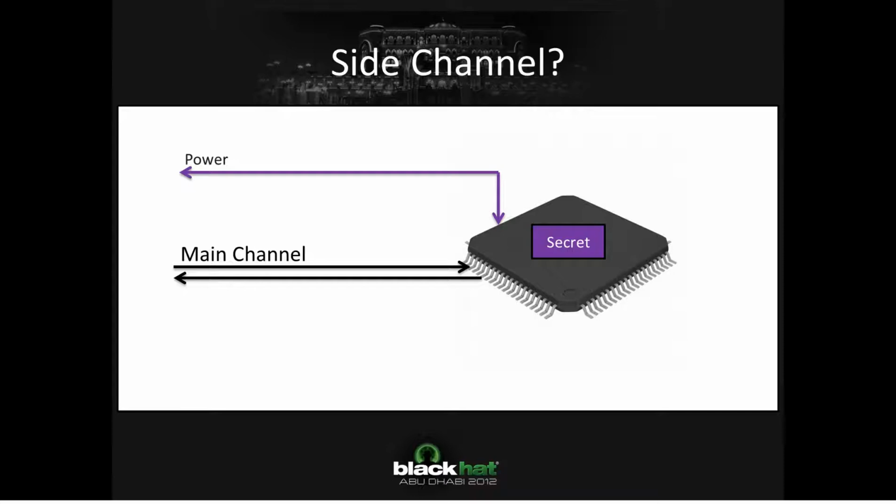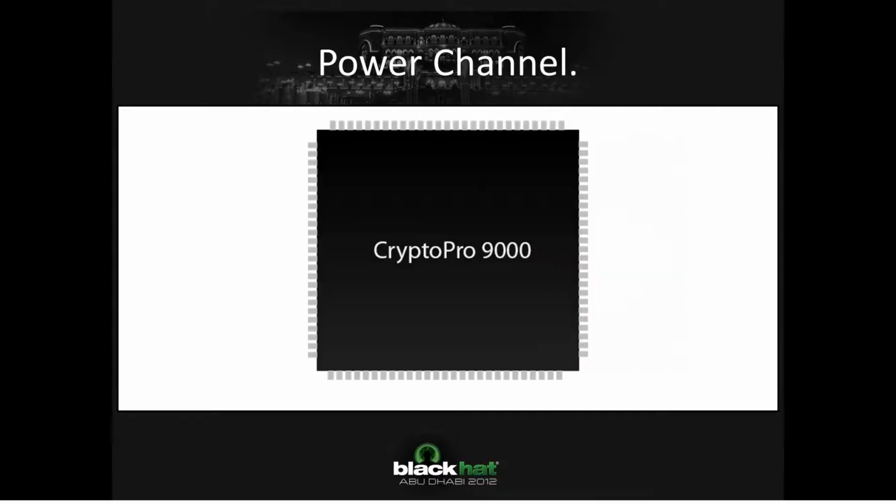There's more than just the power side channel, but all I'm talking about here is the power side channel, and this is looking at the physical properties of how any silicon device is sending data around, how we can look at those physical properties to see what data is being thrown around inside the integrated circuit. This will make more sense when we look at a device.